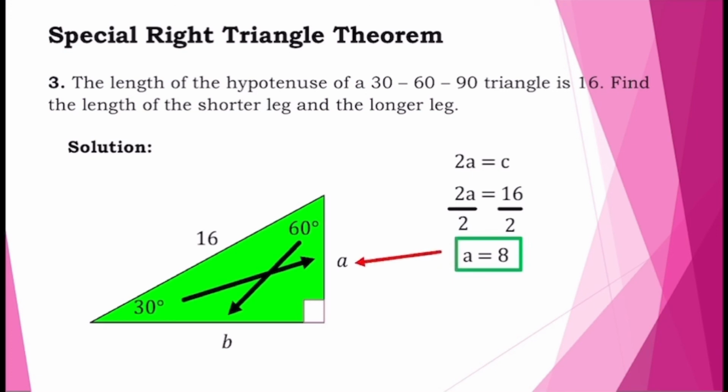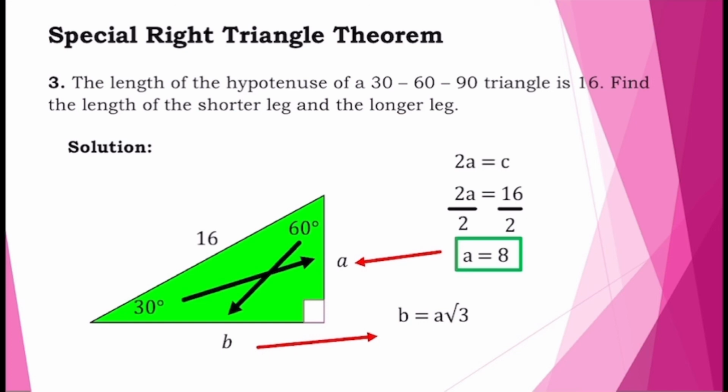Now, to get side B, the longer leg, let's use B is equal to A times square root of 3. Why? Because we all know that the longer leg is square root of 3 times as long as the shorter leg.